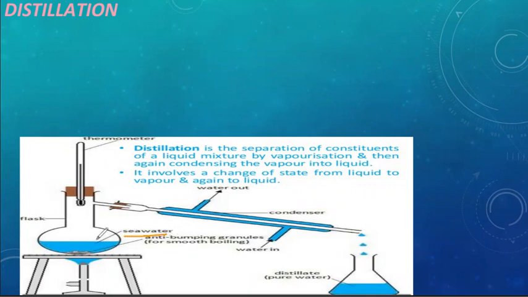The seawater has different components in it: salt and many other minerals, and water as well. So we will have the mixture in the distillation flask. After that, we are going to cork the distillation flask, and we are going to attach another very important piece of equipment to it.